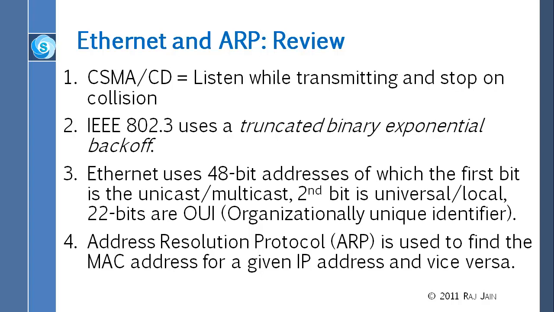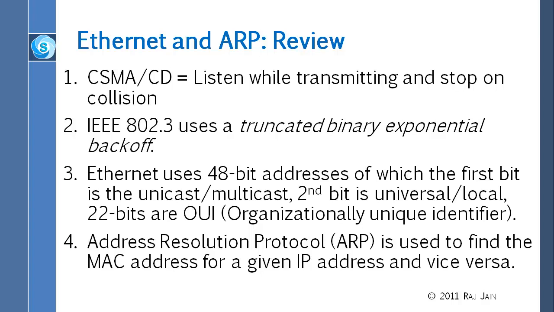That is what collision detection is. And use a truncated binary backoff. So why is it called binary? The backoff range goes up by a factor of 2 every time. And why is it truncated? You stop at 10. You have 16 attempts total, but after 10 attempts the backoff range doesn't go up.